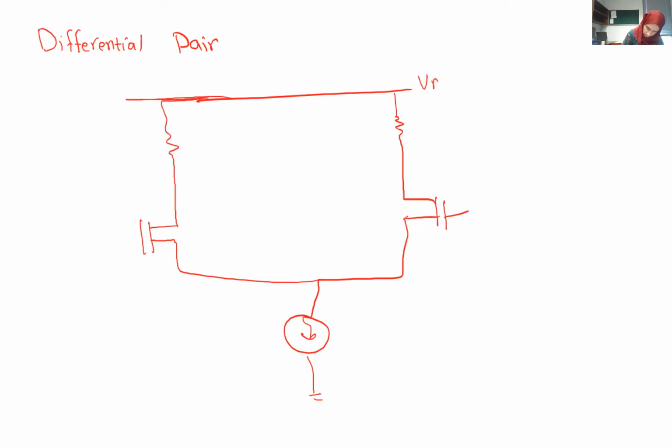So this is VDD, it's RD, and here RD. Here we have V1 and V2, and we have Vout1, and here Vout2.